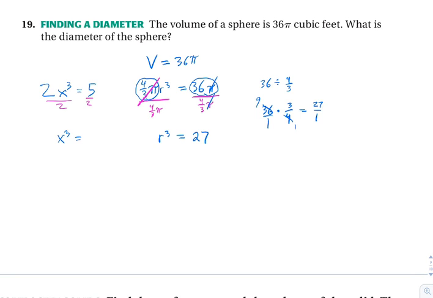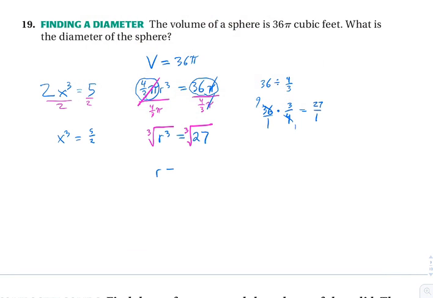And now that I've got x to the third equals a number, I just take the third root. Just like we would take the square root when raising something to the second power, we take the third root, a little 3 here, of this. If you need help plugging it into a calculator, I can absolutely help you in class, because every calculator is a little bit different.